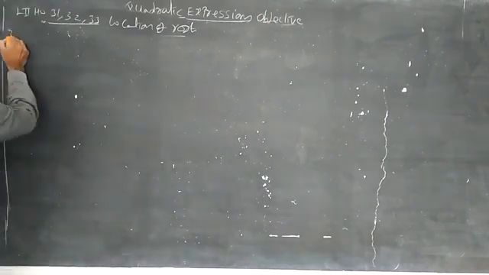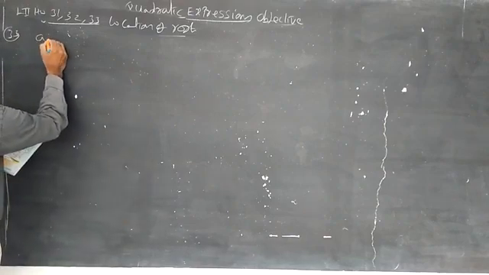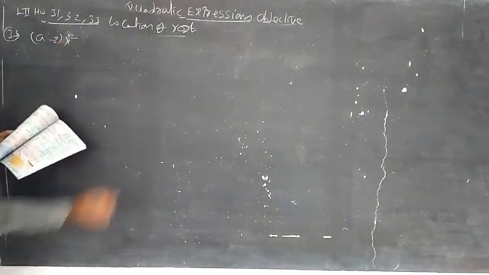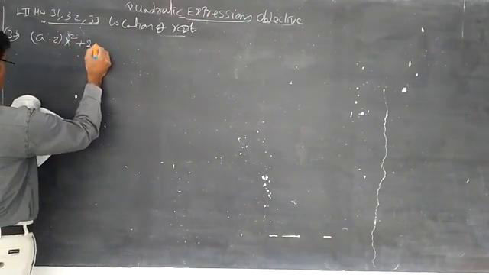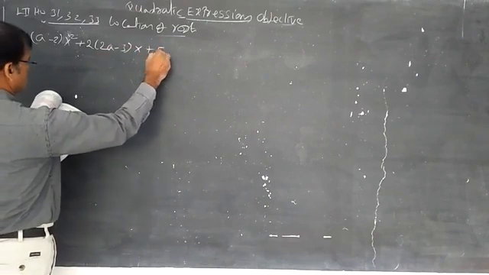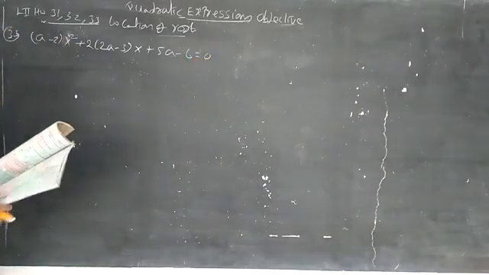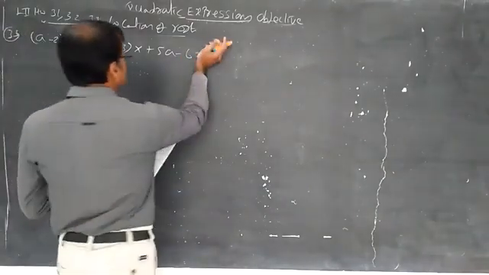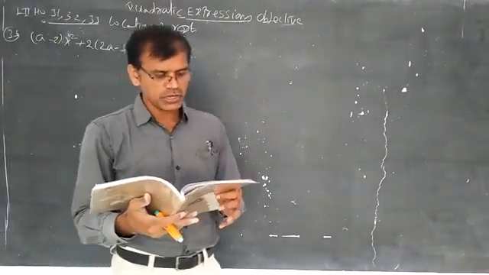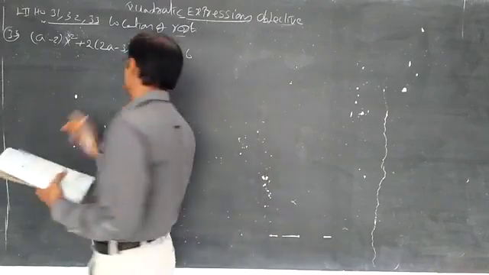The expression a minus 2 into x square plus 2 into 2a minus 3 into x plus 5a minus 6 equal to 0, 0 is not given. The expression a minus 2 into x square plus 2 into 2a minus 3 into x plus 5a minus 6 is positive for all real x.